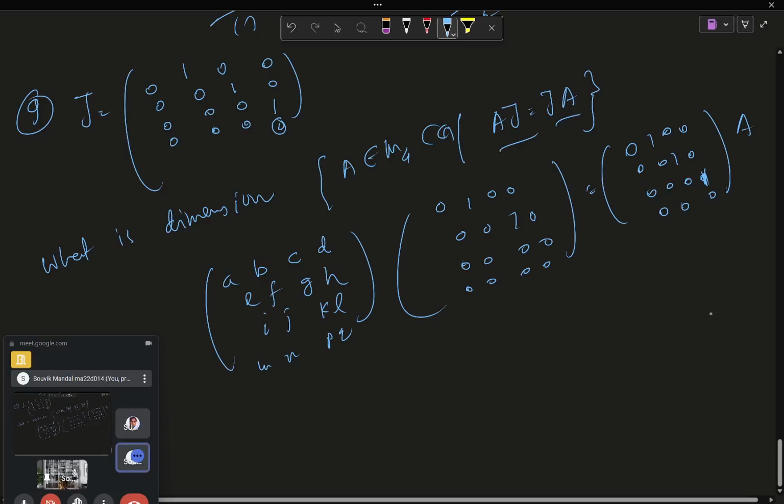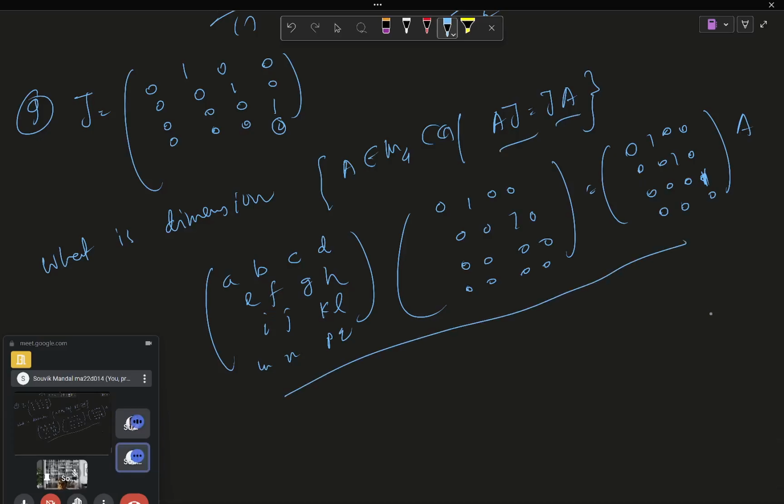AJ is equal to JA, correct? From this equation, if you multiply, we will get some kind of relation between A, B, C, D, E, F, G, H, those entries. And using that relation, you get the answer.